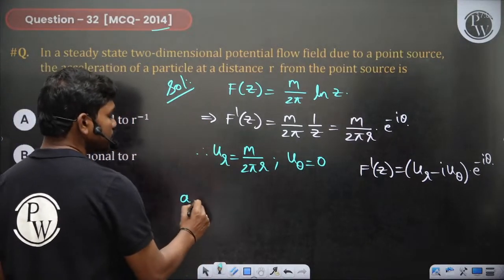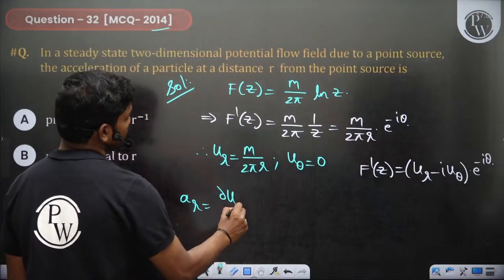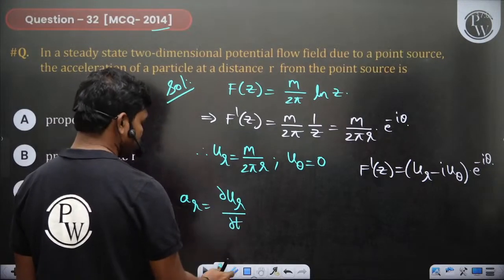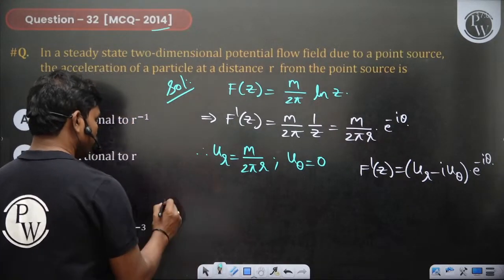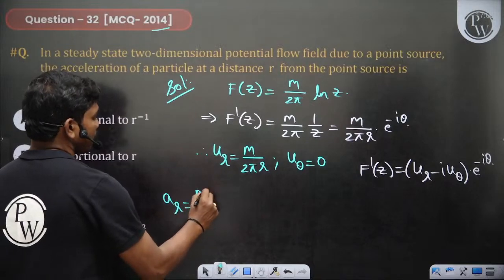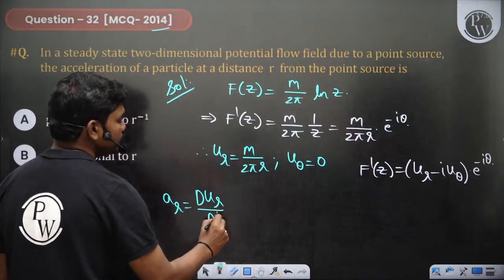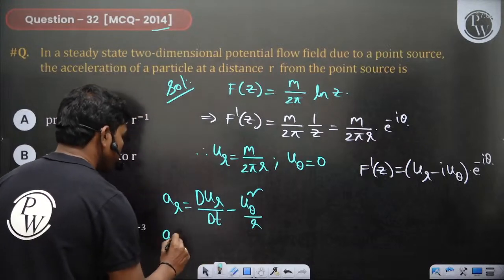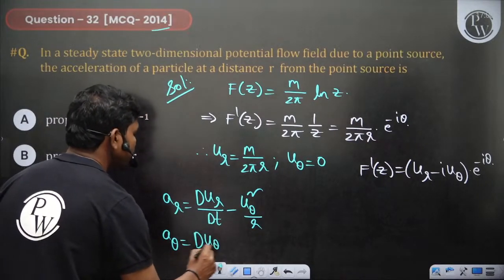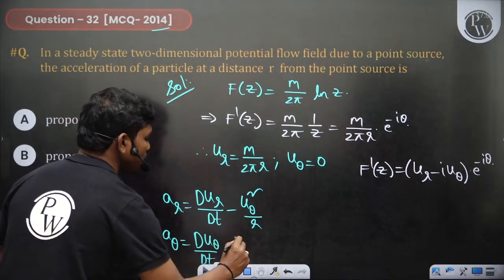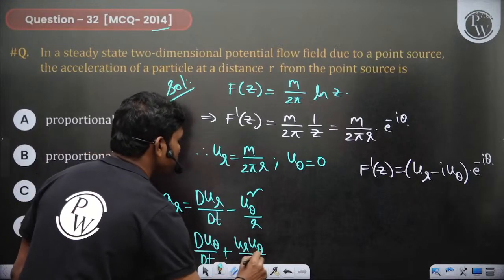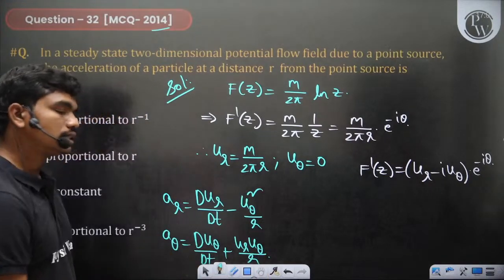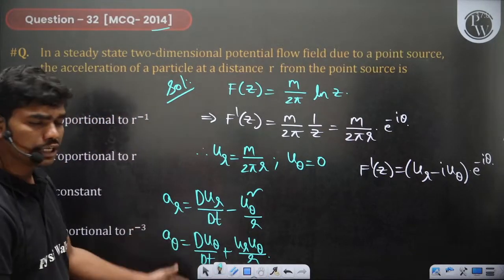So acceleration in radial components is, let me write these forms: d u r by dt minus u theta square by r, and a theta is du theta by dt plus u r u theta by r. Okay, so these are the two expressions, and a z is du z by dz.